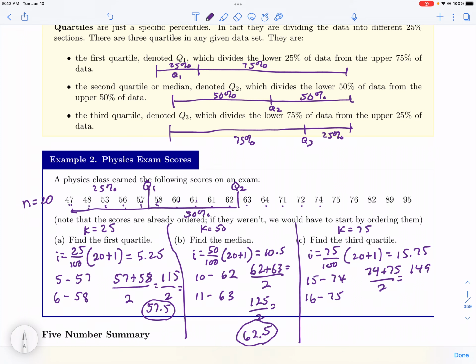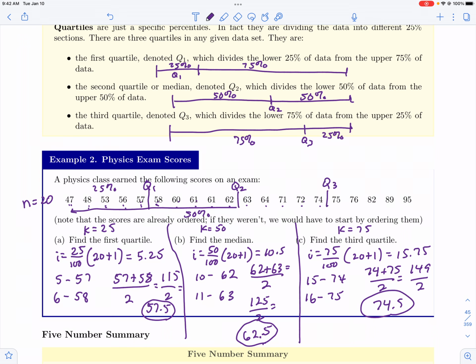So 149 divided by 2, so we're going to get 74.5. So again, finally, our Q3 lives there. And so what that means is 25% of the data lives above that Q3, 75% is going to live to the left of Q3.